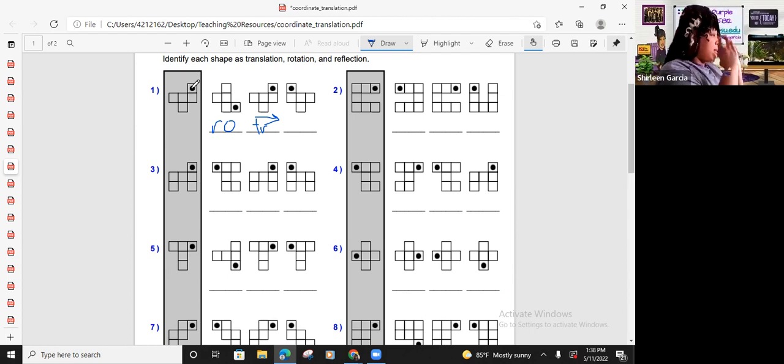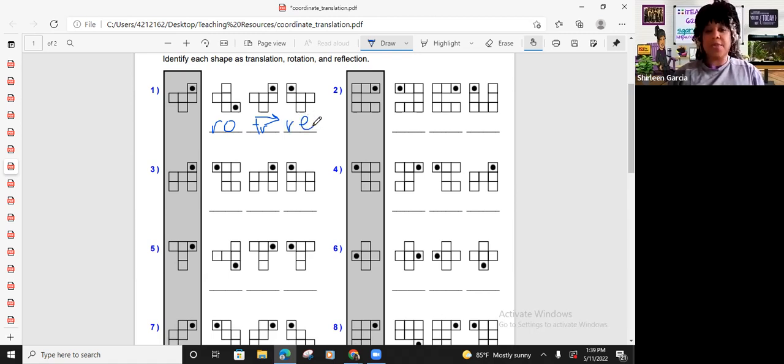Now it's this way. His image is flipped. So he didn't rotate. The image is flipped. When you have an image that's flipped, yes, it's a reflection. Good job.